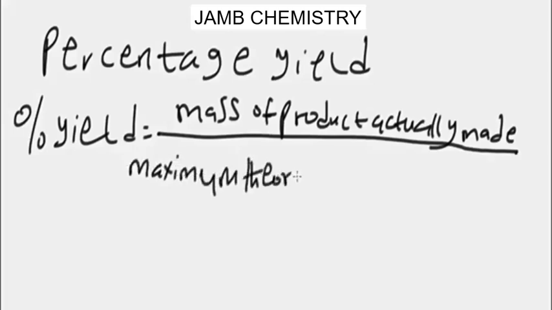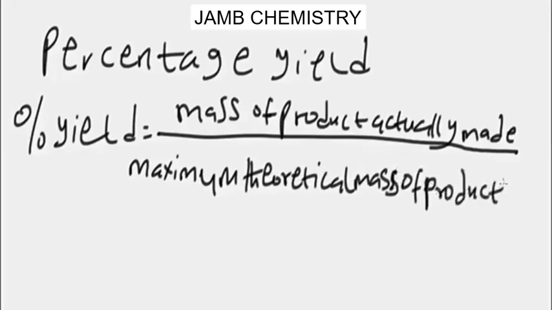Theoretical mass of products, right, times 100 over 1. Okay, now note that percentage yield is always somewhere between 0 and 100%.